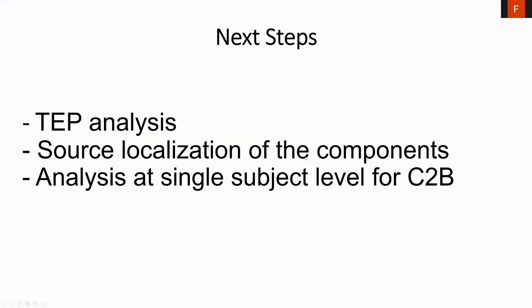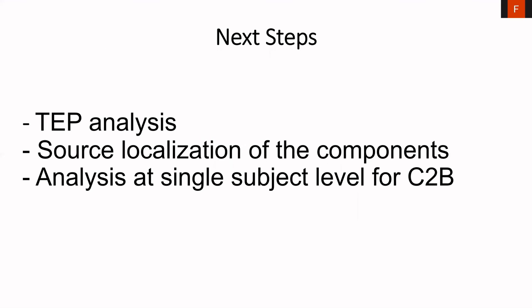So basically, next natural steps would be a step analysis with the same approach. In the near future, I want to try a source localization of the components to analyze better the neurophysiological meaning and relevance of them.